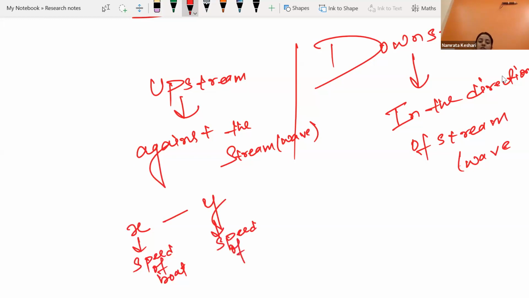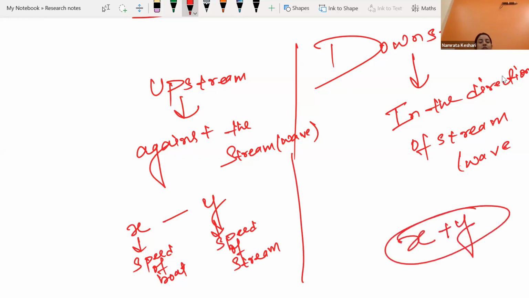Both are working against each other, that means subtraction, and when both are working in the same direction, along with each other, that means addition. Both are working in the favor of each other, so we have to add the speed of the boat with the speed of the stream.